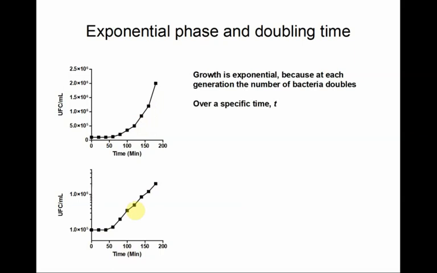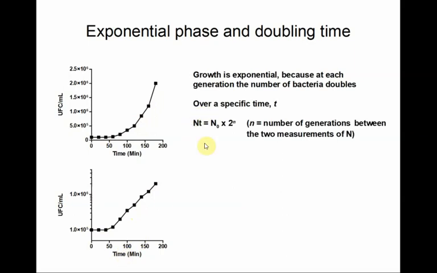Well, you do this with a little bit of mathematics, because if you say that there's a constant doubling rate, then over a specific time t during the exponential phase, the number of bacteria present after that time, Nt, will be equal to the number of bacteria you had at the beginning, N0, multiplied by 2 to the power of n, where n is the number of generations.